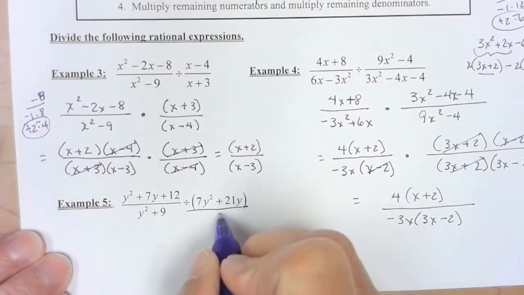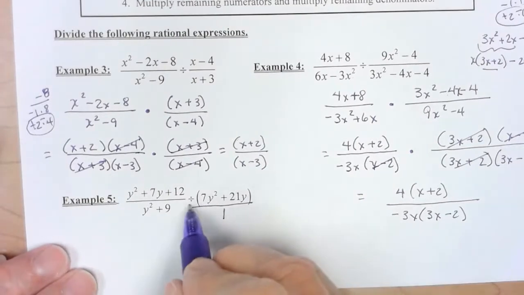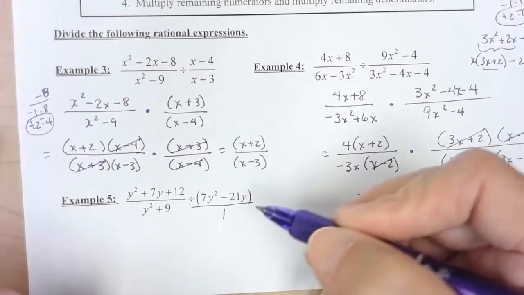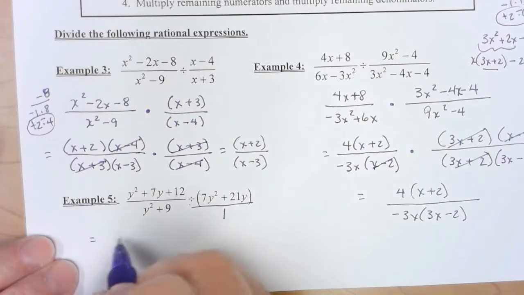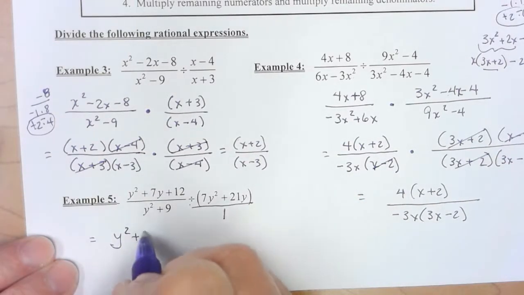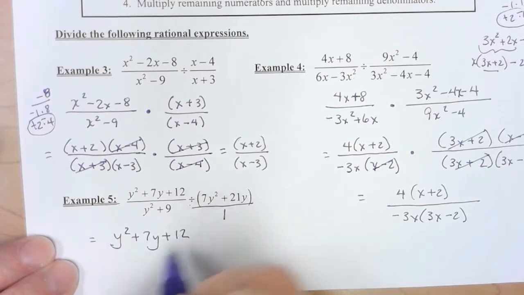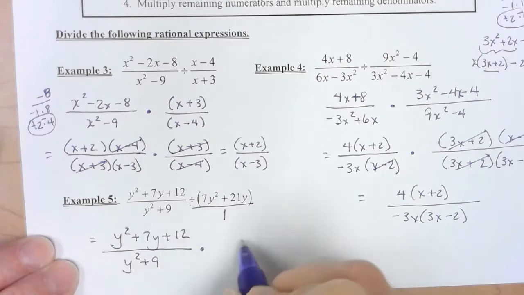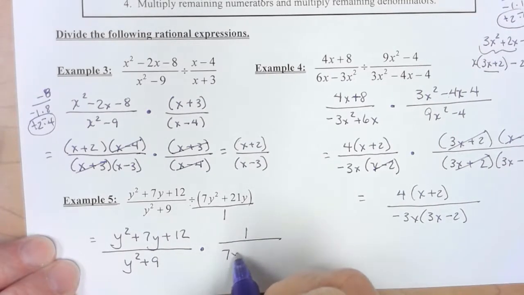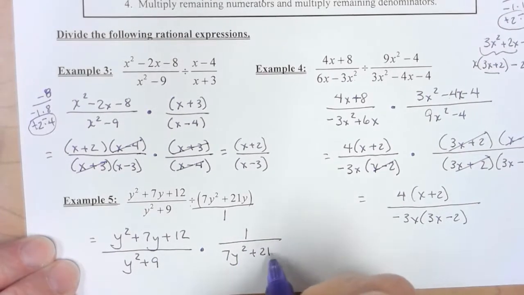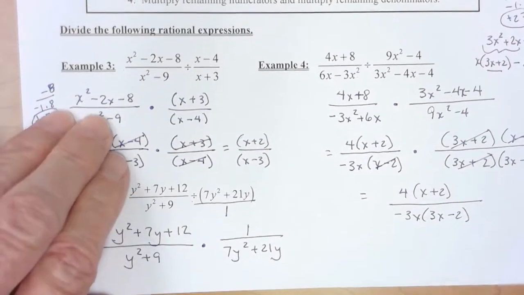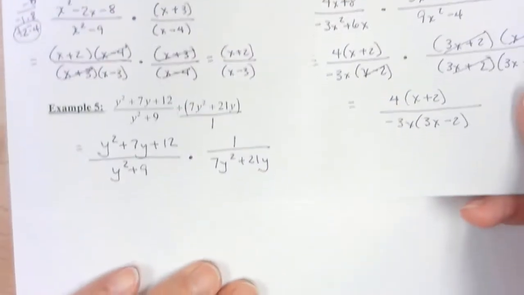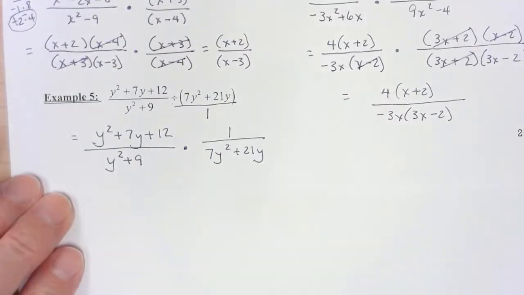Let's see if I have enough room for this one. If you're dividing and you've got fractions involved, put this over 1 because you're going to get the reciprocal there. I can tell right now I'm going to run out of room. Let me give myself a little bit more room.